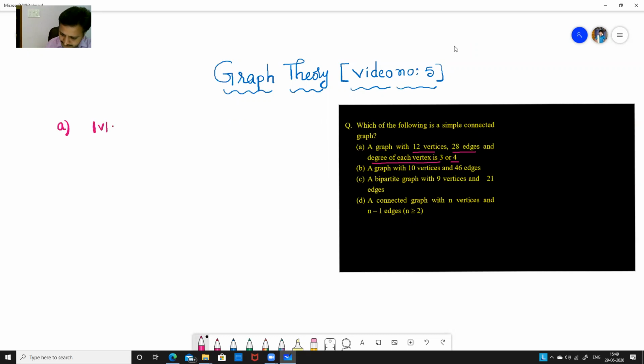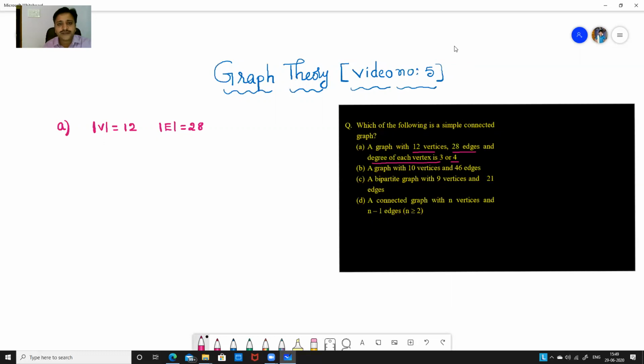the number of vertices is equal to 12 and the number of edges equals 28. There are some vertices having degree 3 and some vertices having degree 4.